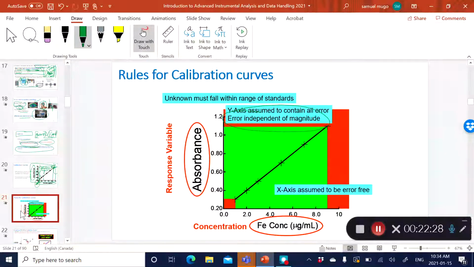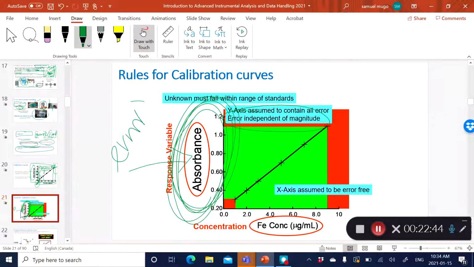But remember the following: we are assuming in your calibration that any error that you have is because of the y-axis, which is a signal. As I've said, every instrument has got a bit of an error. So the error largely should be on the y-axis, which is a signal.